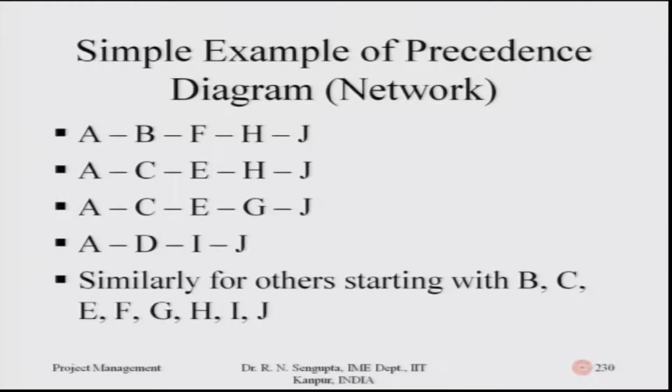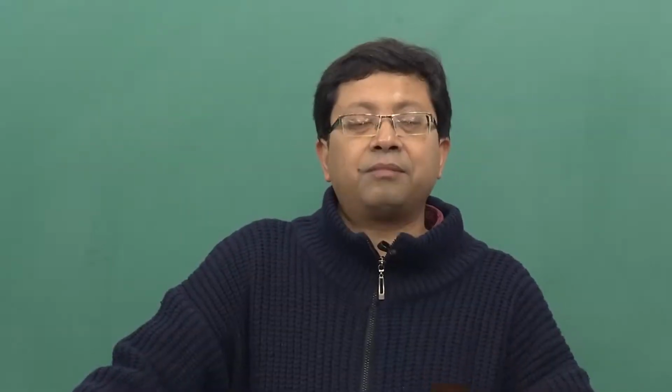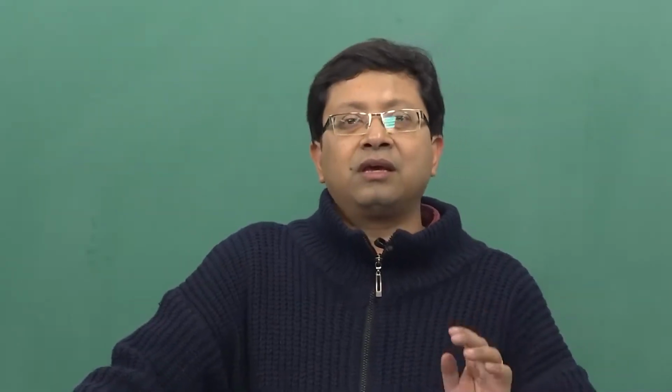That means, when they start, it would actually mean asking what the relationship is between A and B, between A and C, and between A and D. But it would also mean that B, C, and D may start at the same time, or may start at different times. Let me say that in simple words.